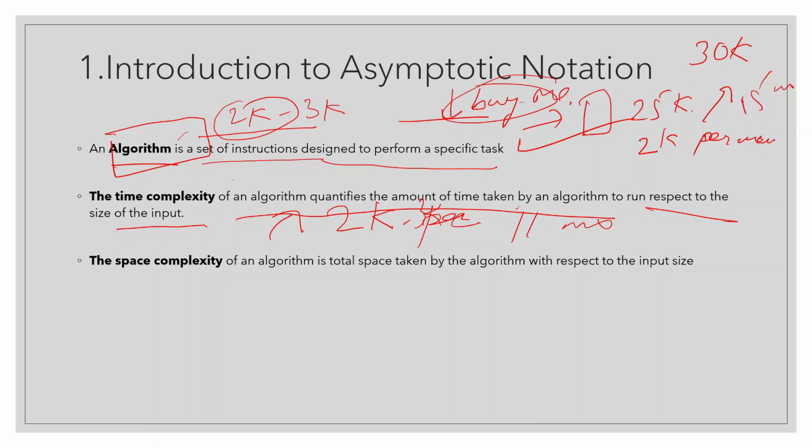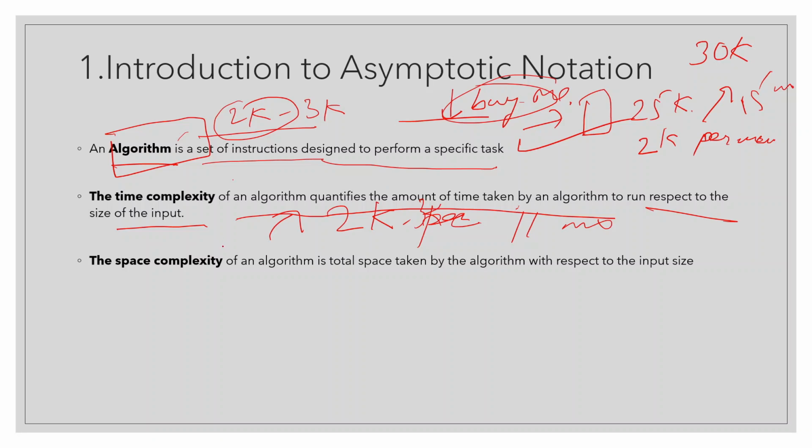If you save 3k per month, your month time is going to decrease. It depends on input size. If your input size is good, then your time complexity is also good. That is the example to clarify what time complexity actually is.